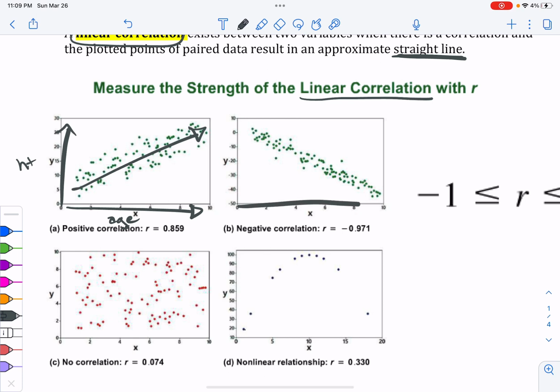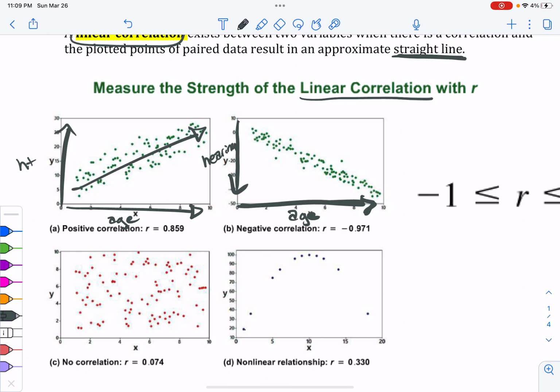A case where something goes up, but then as it increases, the other one decreases. Okay, this is a really stupid example. Let's go off of age again. As your age gets older, this is your hearing.